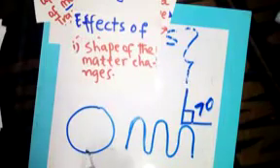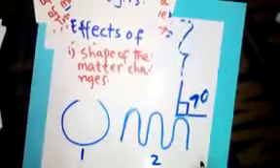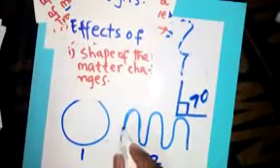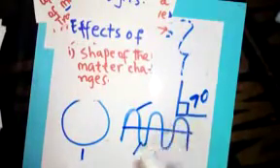Now, do you see this shape? Shape number 1 and shape number 2 are quite different. Why? Because this is crest, this is trough. Therefore, the formation of crest and trough changes the shape of matter.